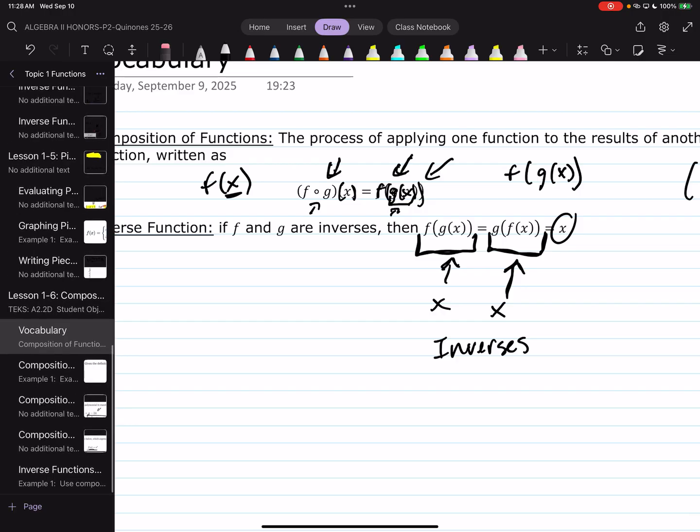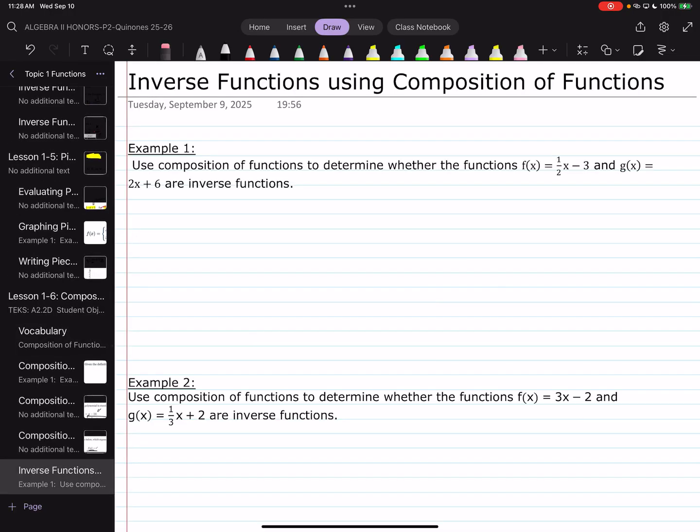So let's do some practice. Use composition of functions to determine whether the functions f of x is equal to 1/2 x minus 3 and g of x is equal to 2x plus 6 are inverses of each other. Well, what did we say? F of g of x first, and then g of f of x.